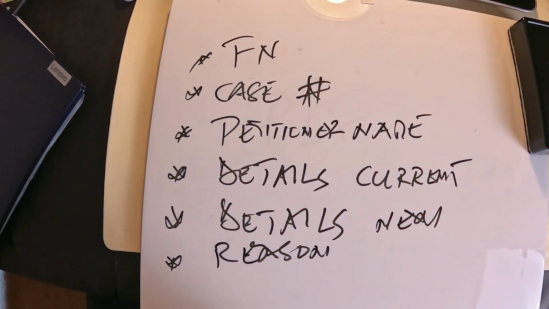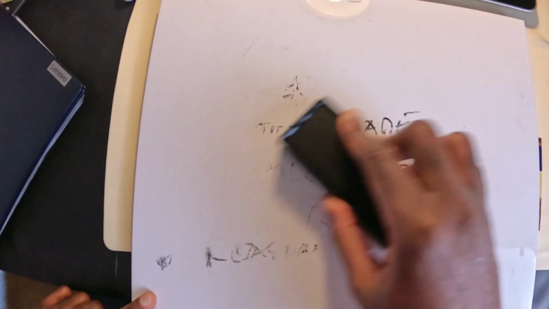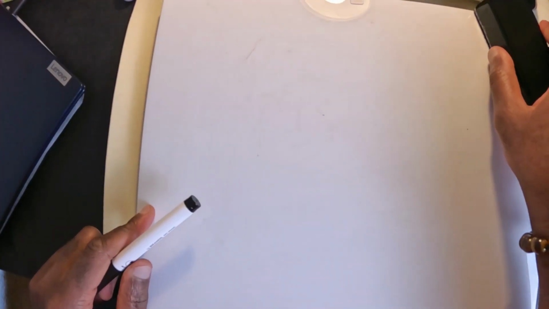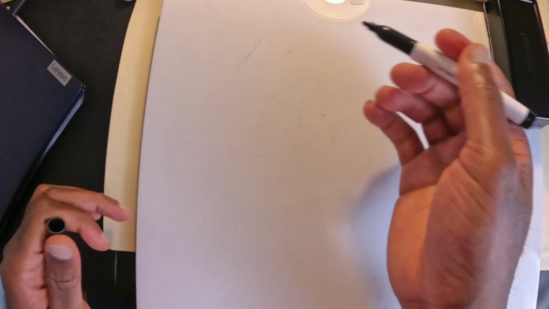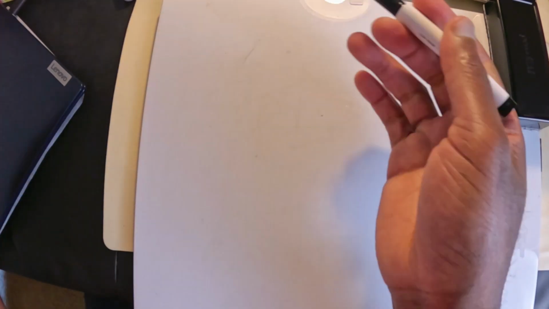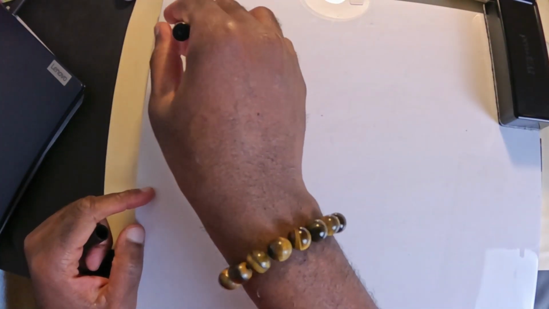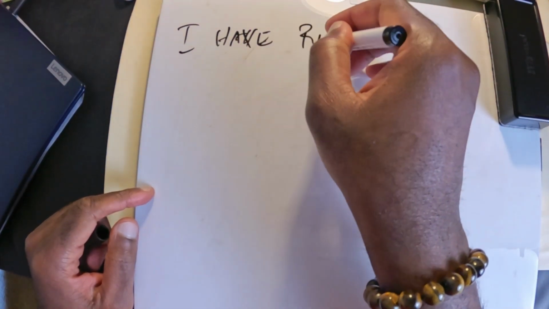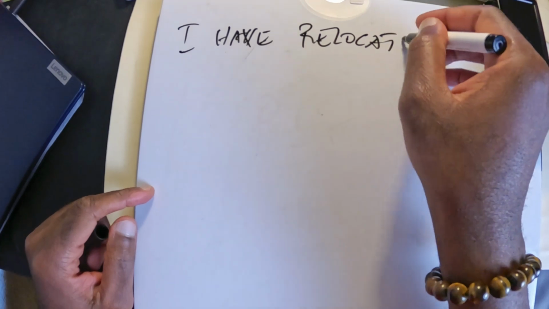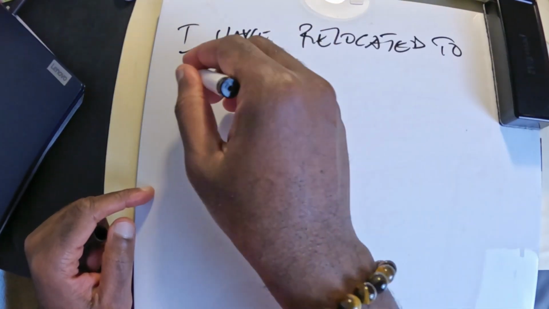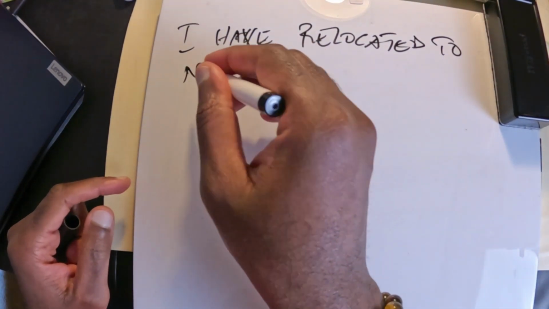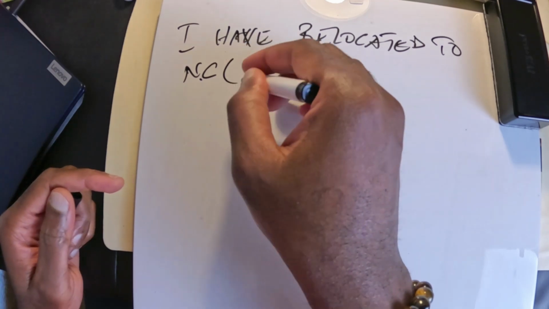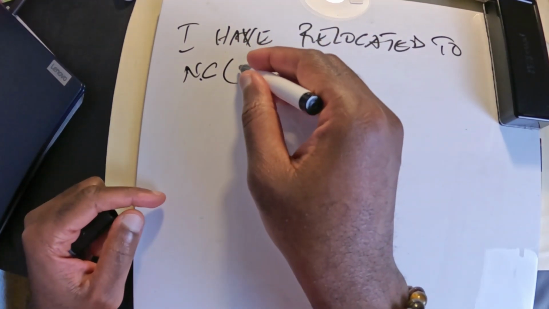For the reason, when you write the letter, this is just an example. You can say something like, I have relocated to a new country, and you put the name of the country. Let's say it's Brazil.